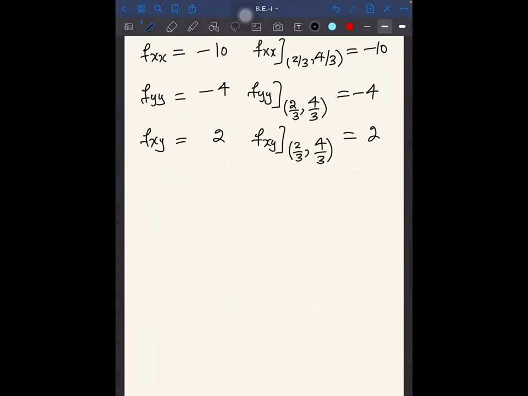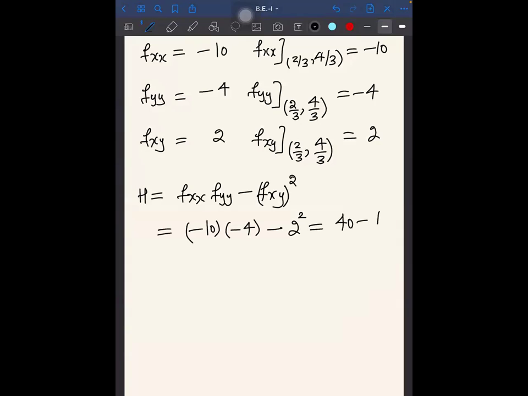So we'll again calculate that expression, the Hessian, and so the Hessian is fxx into fyy minus fxy square. So that becomes minus 10 times minus 4 minus 2 square. So that is 40 minus 4, which is 36. So positive. So once the Hessian is positive, we are only dependent upon fxx.